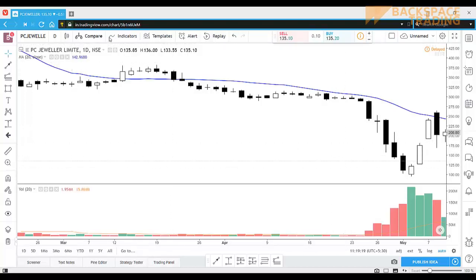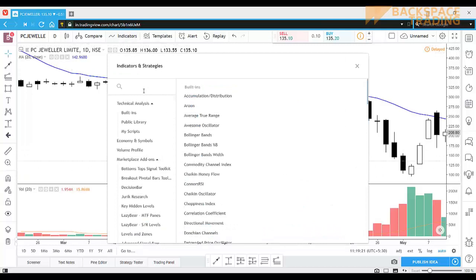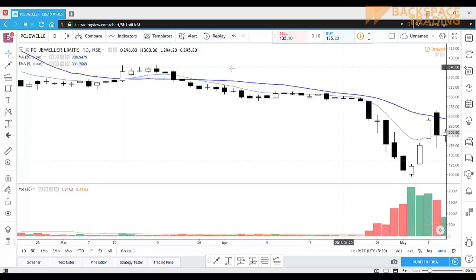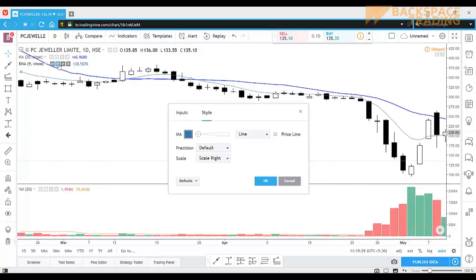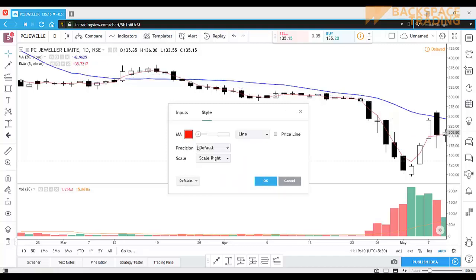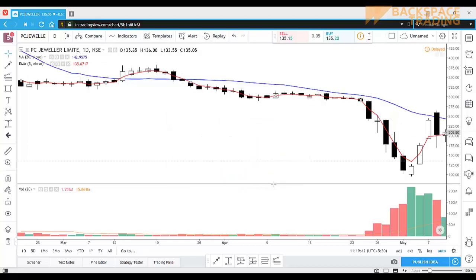I am going to plot another indicator called moving average exponential. It has been plotted. I am changing the setting of this to 3 moving exponential average.